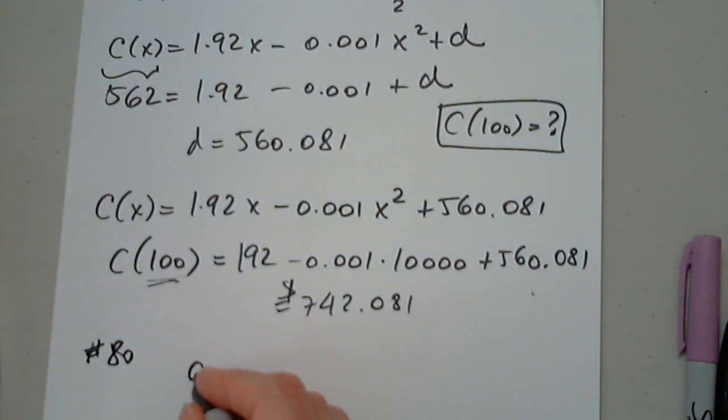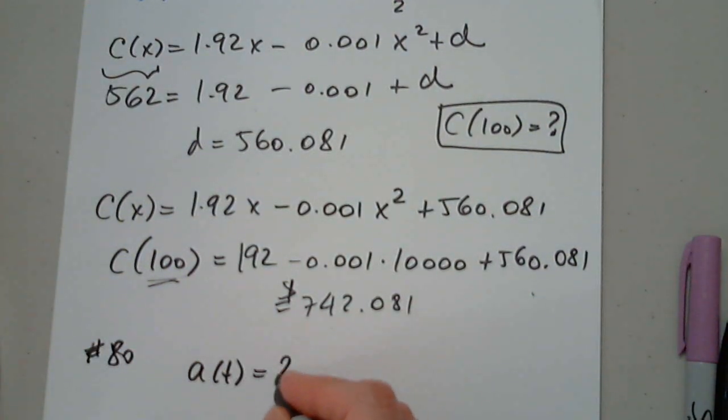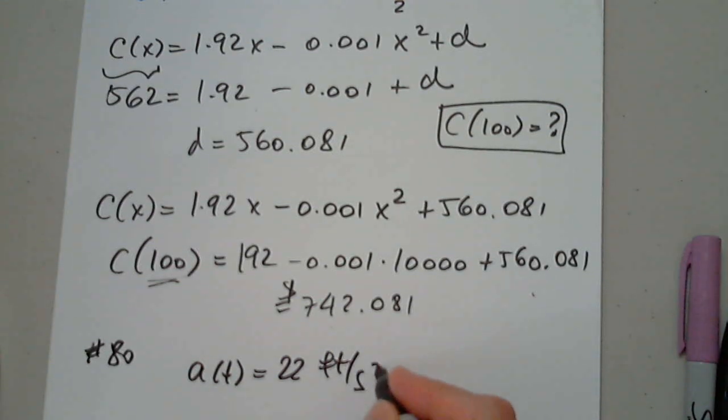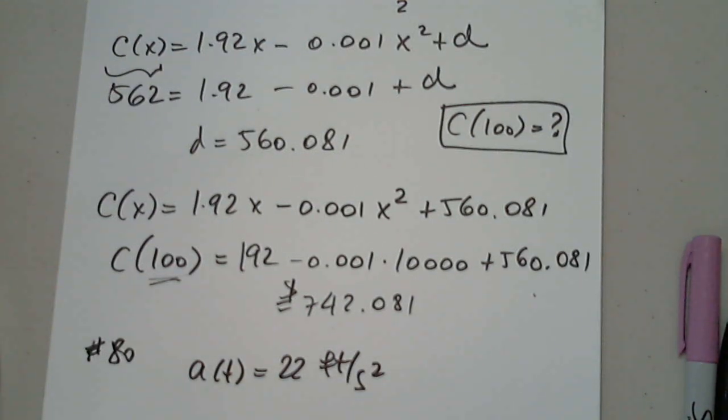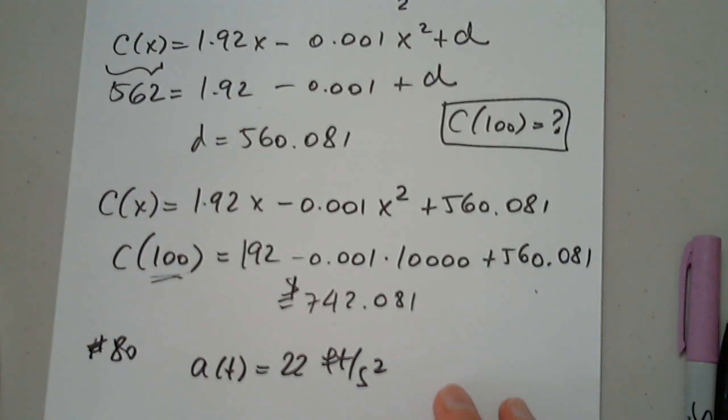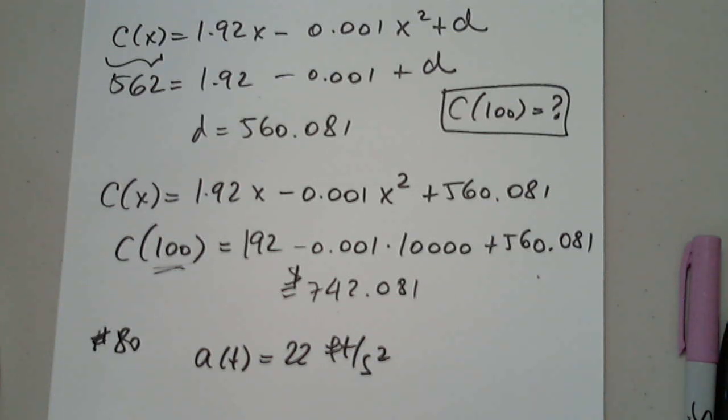So we are given that a of t equals 22 feet per second squared. It says constant. If it's a constant, the acceleration is just that. It does not depend on anything. What is the distance traveled before the car comes to a stop? So a car is traveling at 50 miles an hour when the brakes are fully applied.